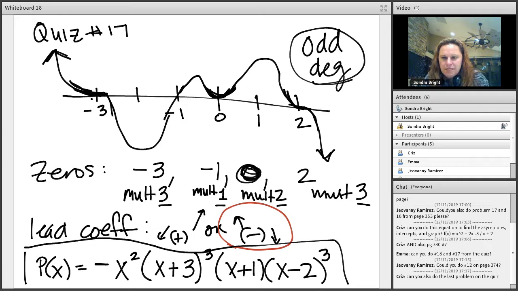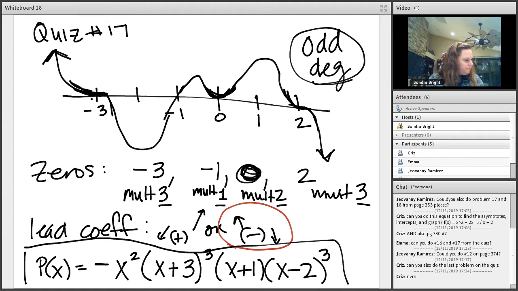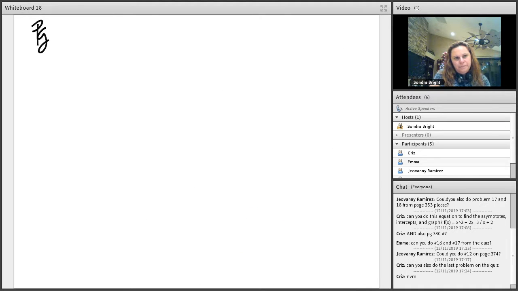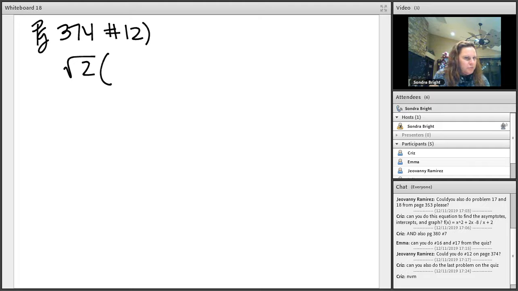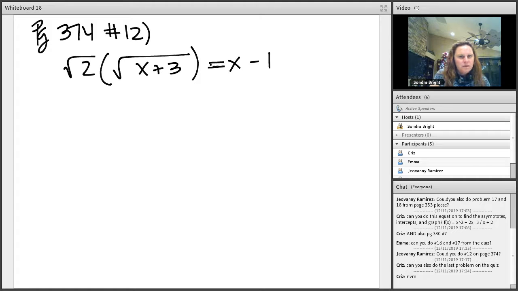All right, that was 16 and 17. Number 12 from page 374. Gave you rad 2 times the square root of x plus 3 is equal to x minus 1.